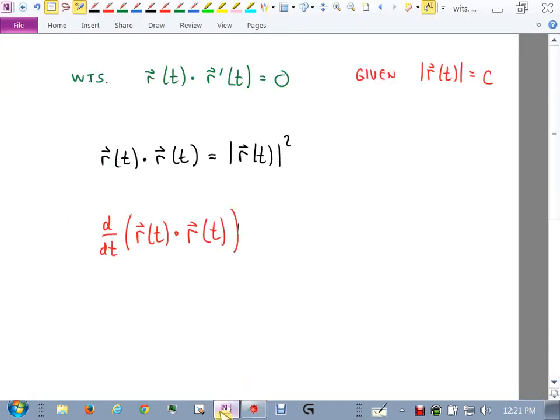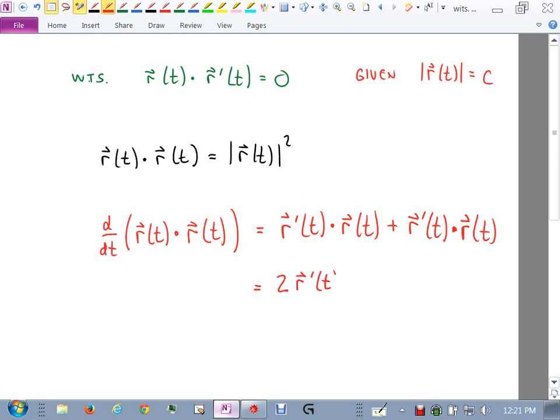Y'all follow? So this becomes r prime of t dot r of t plus r prime of t dot r of t. How many of those do we have there? Two of them, right? So 2 r prime of t dot r of t equals, what's this?